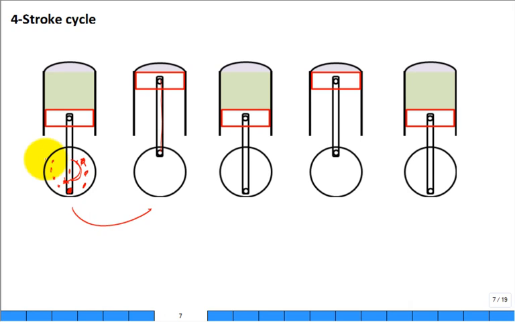So right when it comes all the way down, and it's aligned perfectly as shown, straight down, the piston's changing directions. It's going from downward to upward. And it's at the bottom, so we call this bottom dead center.